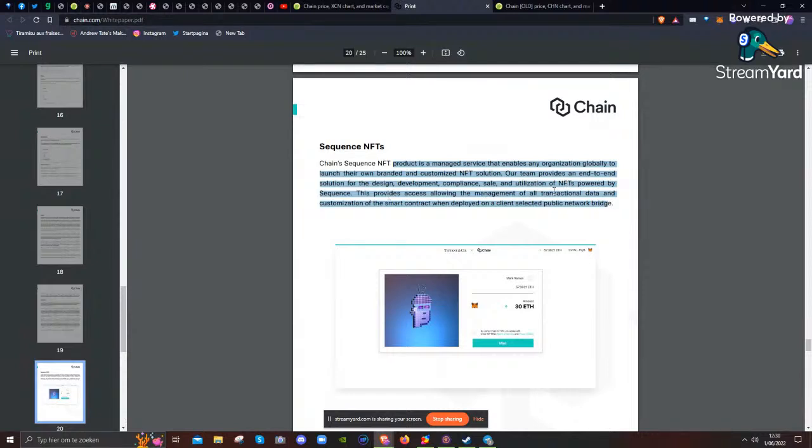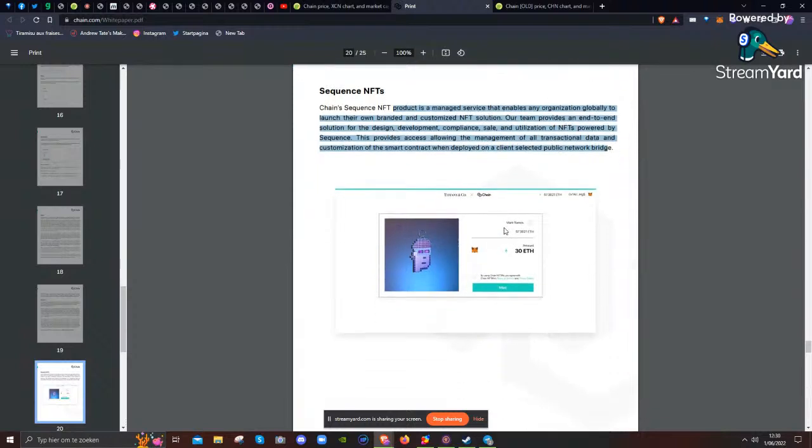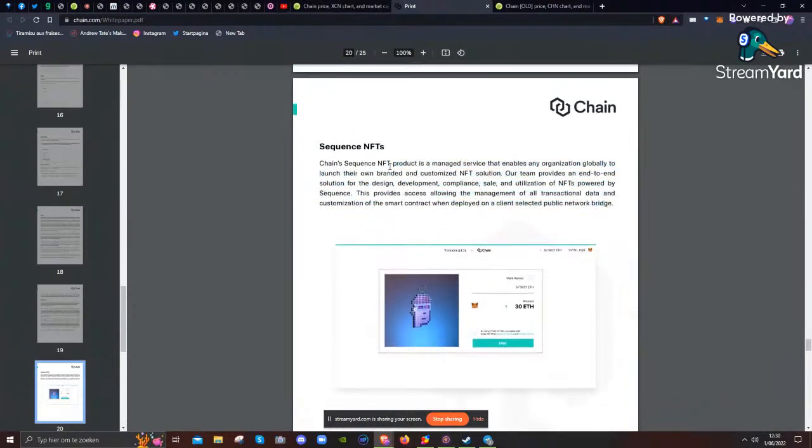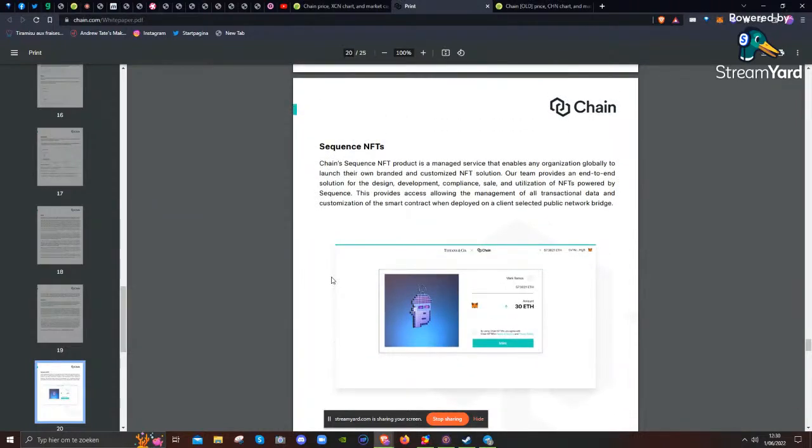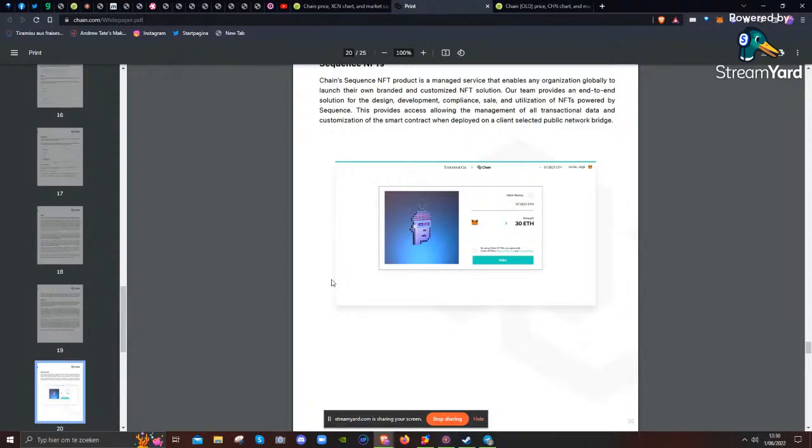Provides access allowing the management of all transactional data and customization of the smart contract when deployed on yada yada yada. Technical talk, just to say we can deploy your NFTs on our network, meaning you can create NFTs, mint them, and trade them through Chain. That's basically it.